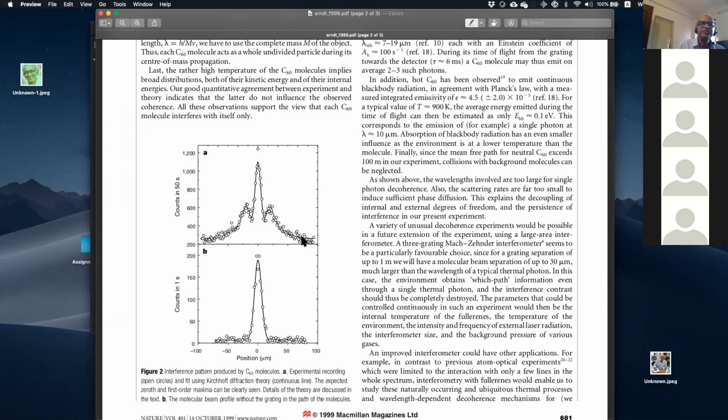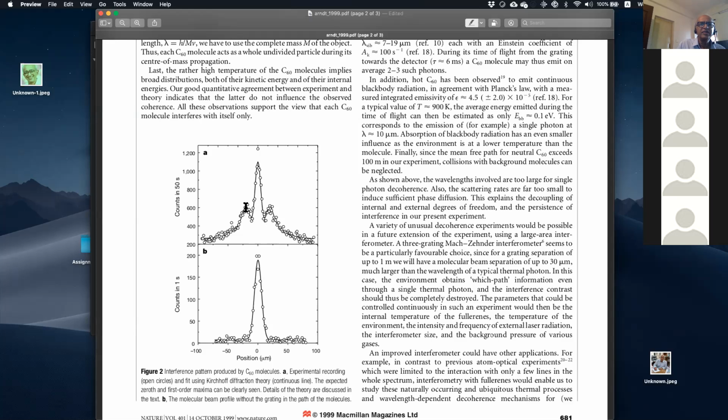Fine? Okay, and what is happening is that the waves associated with the C60 molecule are interfering.